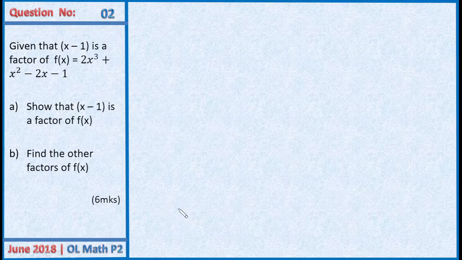With questions like this, if x minus 1 is a factor of f of x, then f of 1 should be equal to 0. So we start by equating this factor to 0 so that we can find the root. The root is x equals 1. Whenever we have a root, f of the root is equal to 0.